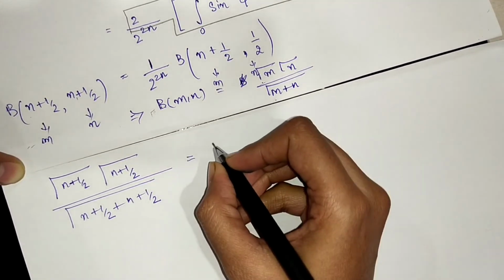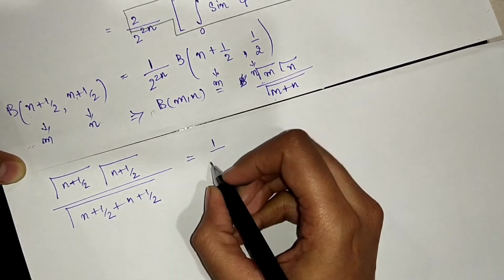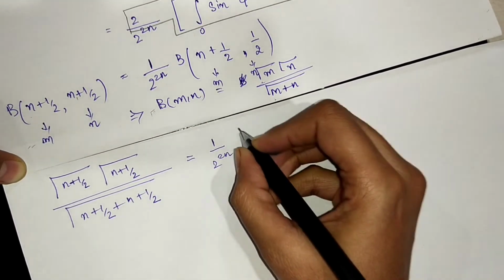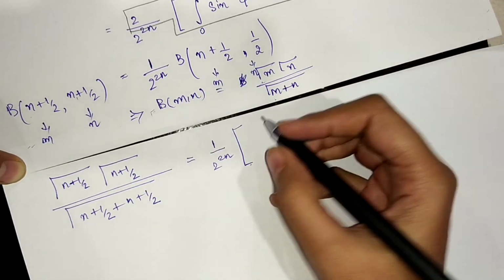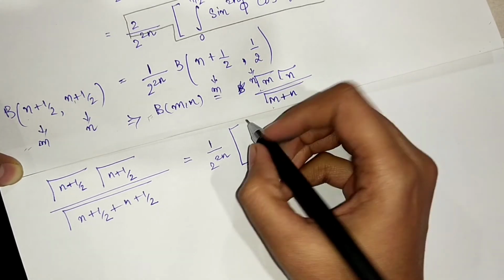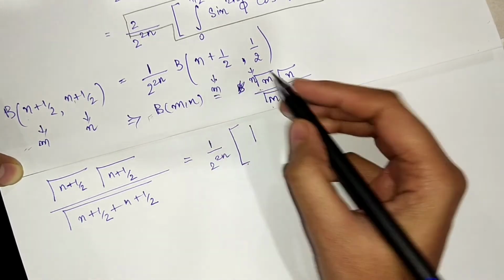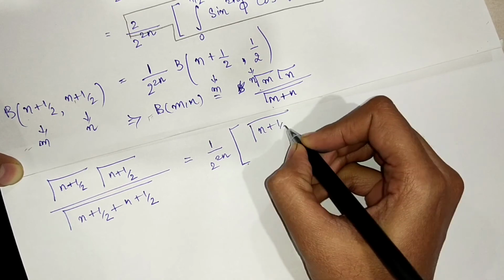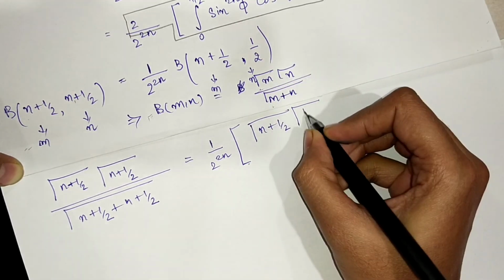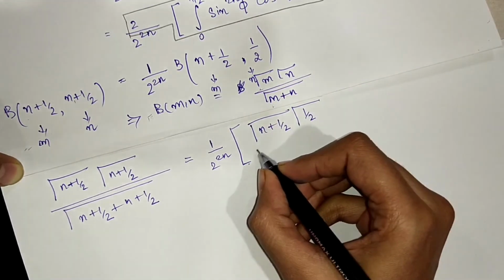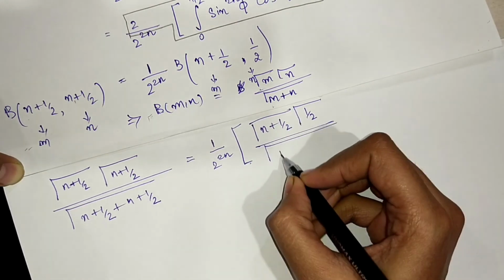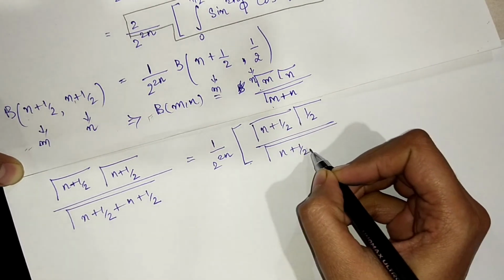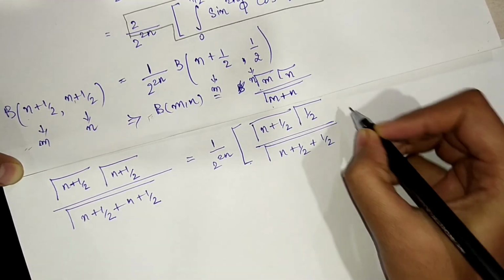And here also 1 upon 2 raised to 2n will remain as it is, and here beta m comma n is gamma m, what is our m? n plus 1 by 2, and n is 1 by 2, and here we write gamma m plus n, that is n plus 1 by 2 plus 1 by 2.